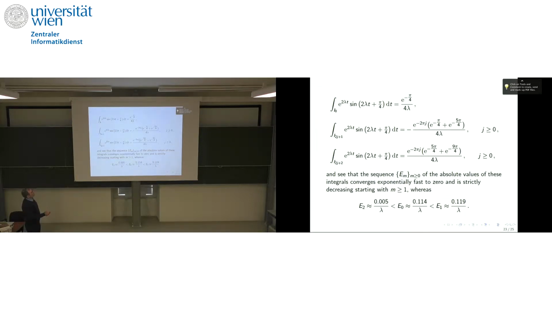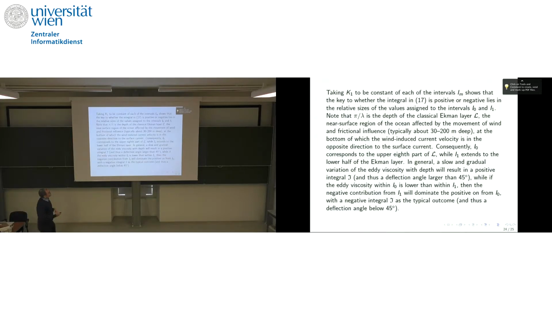So E0 is less than E1, but then it starts to be monotone. So the biggest one is the second one where it's negative. And then they decrease.